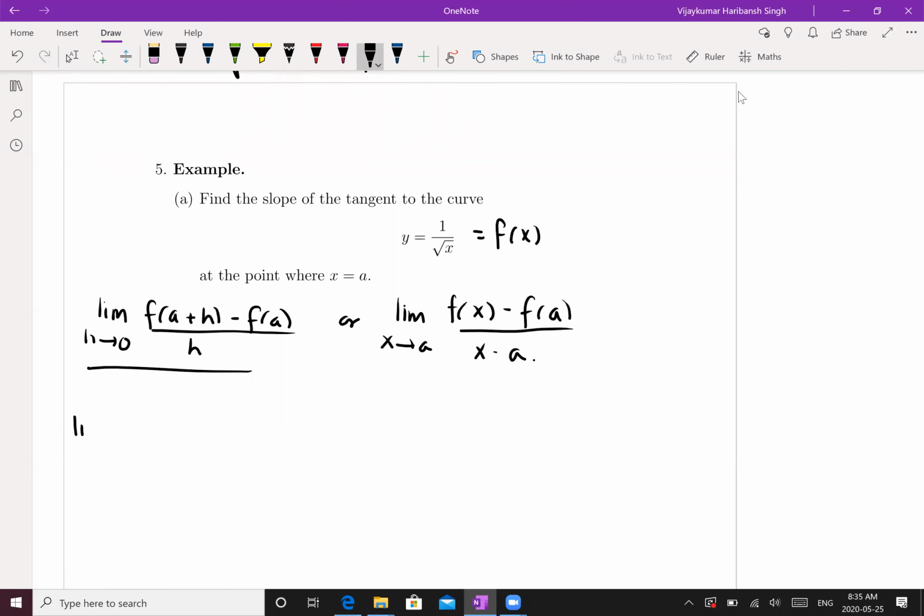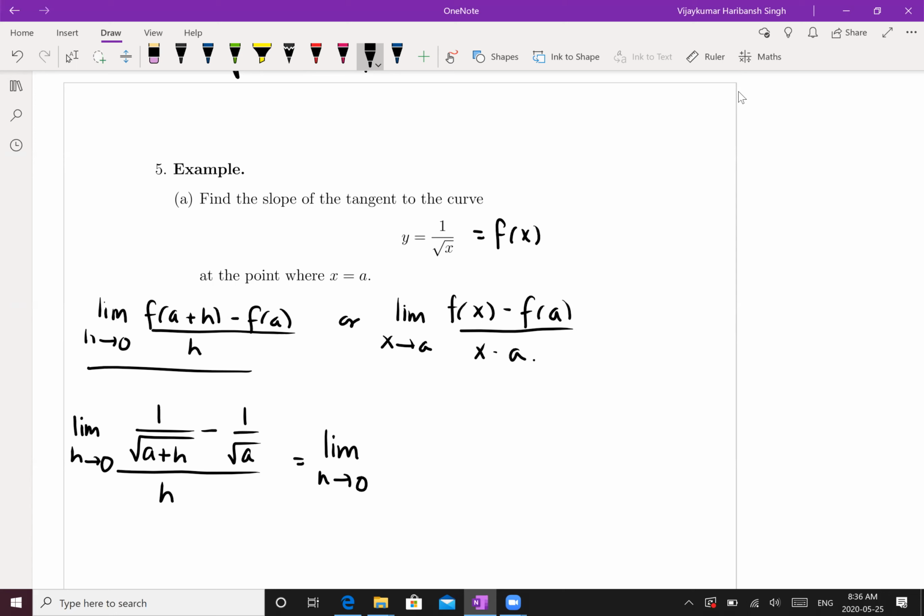So limit as h goes to 0, f(a + h) is going to be 1 by square root of a plus h, minus f(a), which is 1 by square root of a, divided by h. So this is going to be limit as h goes to 0, cross multiply. If you put h equals 0, you will get 0 on the top and 0 in the bottom, right?